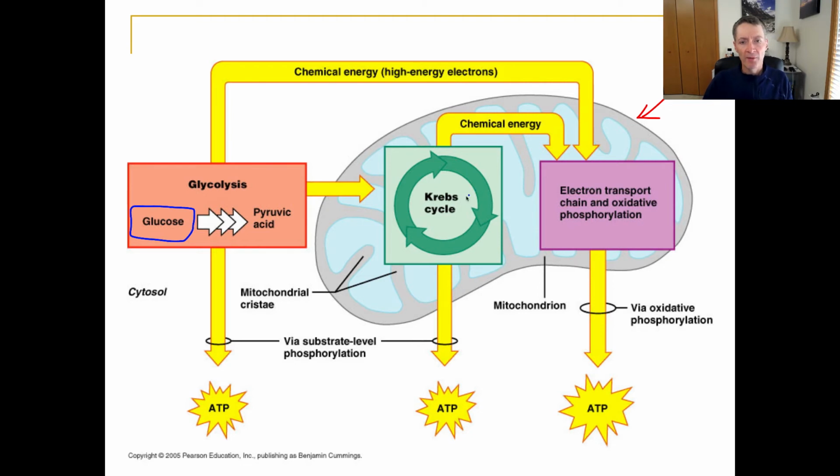And then 2 of those phases occur within the mitochondrion. And there is why the mitochondrion is so important, because to get the most energy out of your sugar molecule, you need the reactions that occur within the mitochondria.